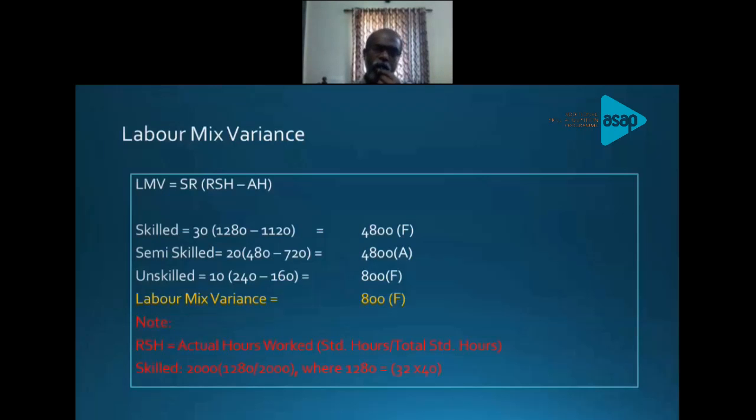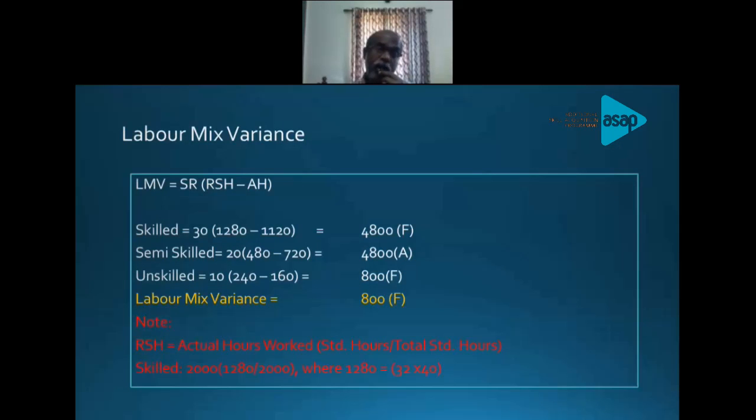They have actually worked for 160 hours. So the actual hours worked is less than the standard time. So the variance is favorable. So ultimately, labor mix variance is 800 favorable to the organization. The computation is very, very important. The equation for labor mix variance should be learned thoroughly. You always remember, in some cases, revised standard hours and standard hours will become same.